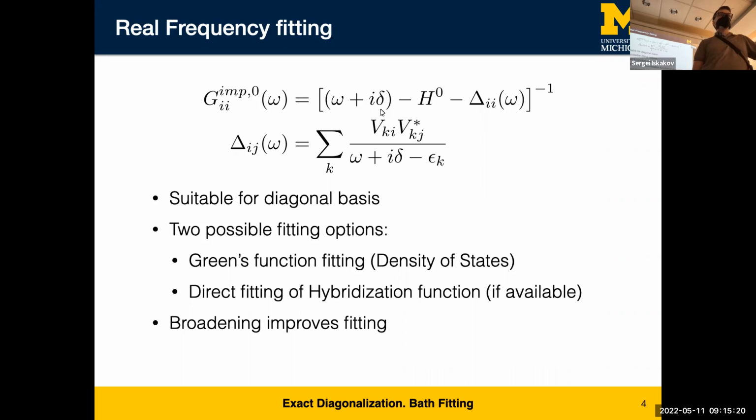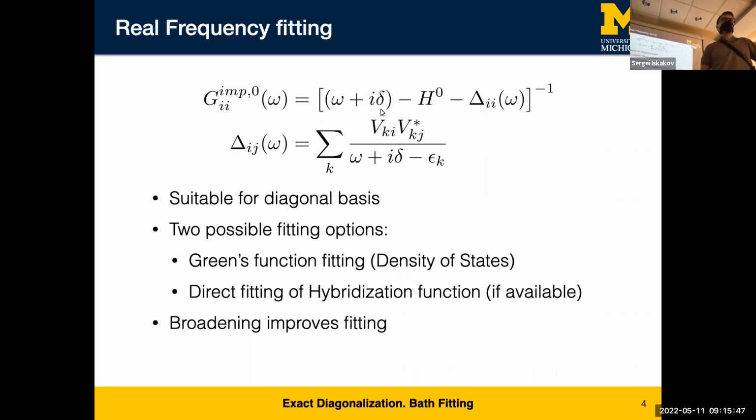It has a positive real part or a negative imaginary part anywhere on the upper half of the complex plane. End of story. And the second line there is something that you never see in the field theory approaches. It's something that you only see in the diagonalization approaches, which is that you take that continuous function and you try to represent it by either a finite or an infinite number of discrete poles.